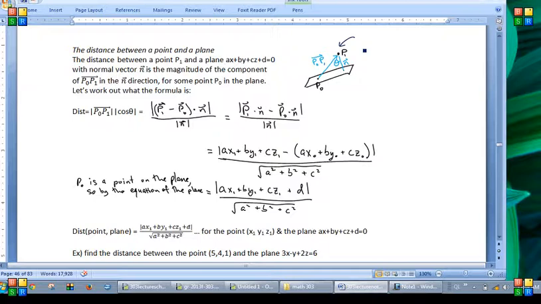So what we want is, let's just say there's some point in the plane. What we want is not the distance between these two points, but rather the perpendicular component of that distance. So perpendicular component means we want to take the projection onto the normal vector. And the way you do that is with the dot product.